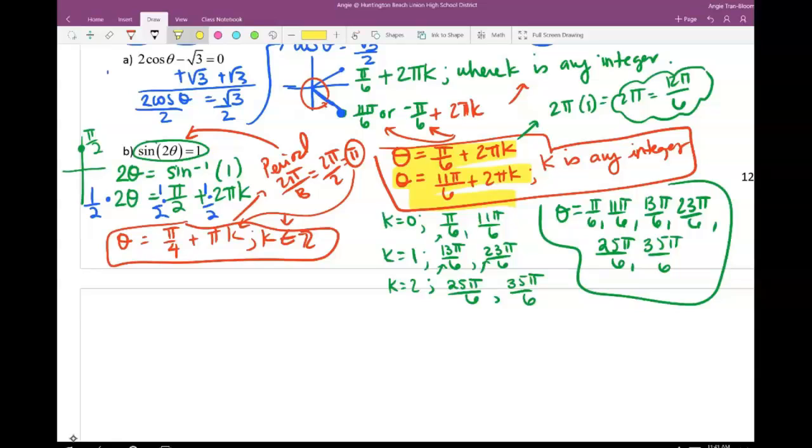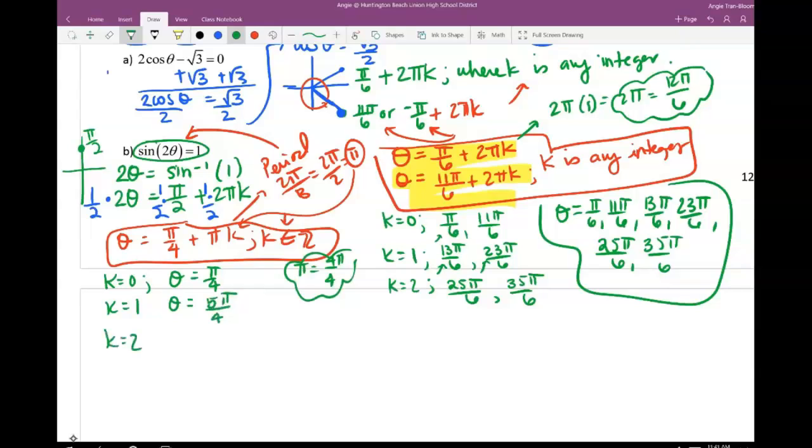I'm going to do the same thing. I'm going to let k be 0. So if k is 0, your first angle is pi over 4. If k is 1, 1 times pi is pi, but pi with the denominator 4 is 4 pi over 4. So I'm going to add 4 pi over 4 every time. So the next one would be 5 pi over 4.